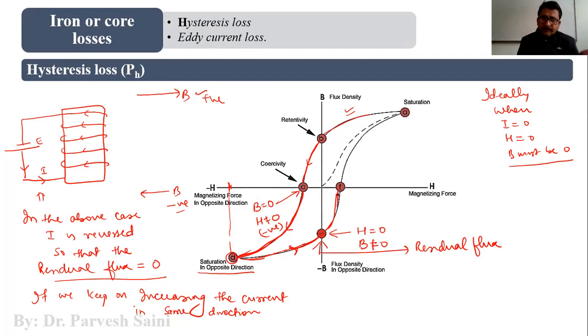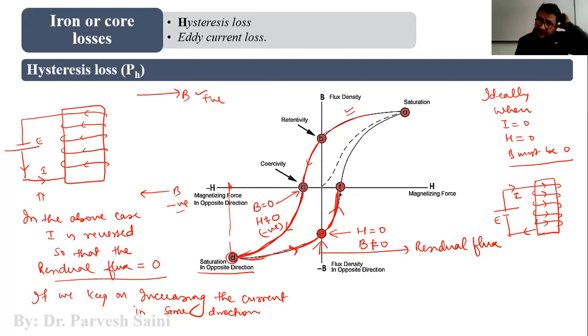Now again, if you want to demagnetize this ferromagnetic material completely, you will reverse the direction of current once again. So the same ferromagnetic material we will consider, and we have reversed the direction of current. Now this is I, right?